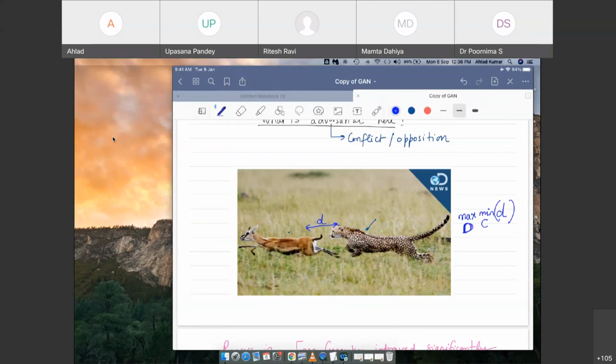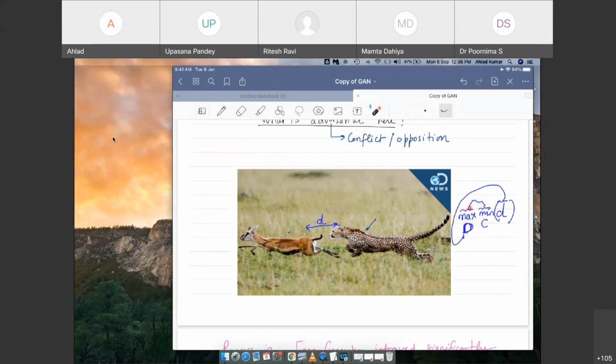So this D is basically the deer. You are trying to maximize the distance with respect to the deer. So there is something like a game theory going on here, where you have an opposition: one component is trying to decrease it, the other is trying to increase it. So there is a max-min type of optimization strategy going on in nature, as you can see here. A similar behavior we will see when we discuss generative adversarial networks. Then we will derive the loss for that. There you will see max and min coming up as well.